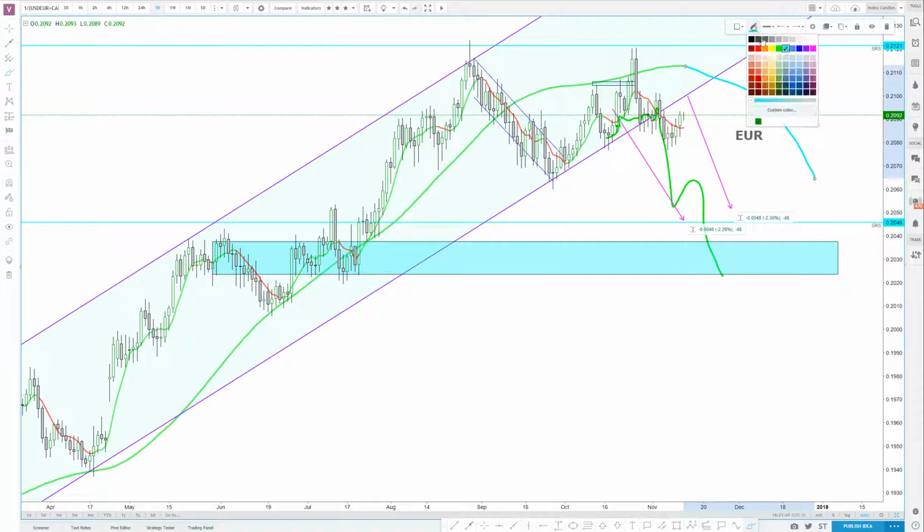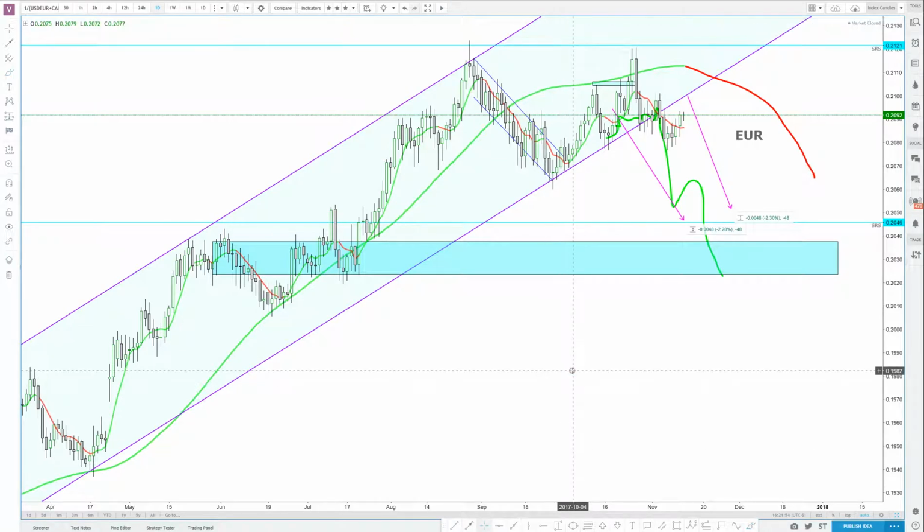Probably not as sharp, but something like that. All right. So Euro, I'm still bearish on it, so I'm gonna write down Euro down. Right. Let's look at the next thing.